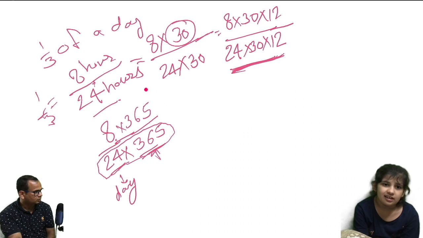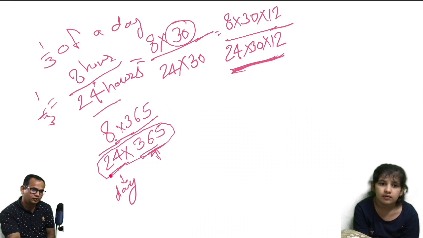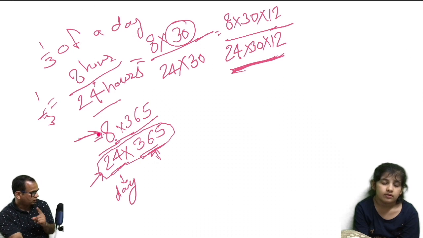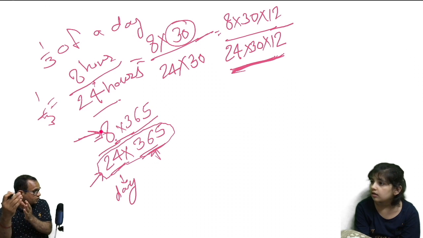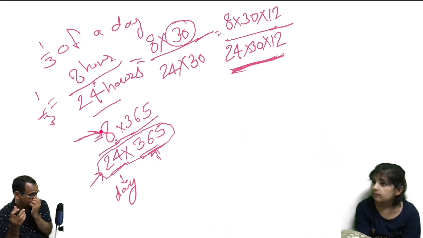Out of 24 hours we sleep 8 hours, in a day. If we have 365 days in a year, and each day we sleep 8 hours, 8 should be multiplied by 365.